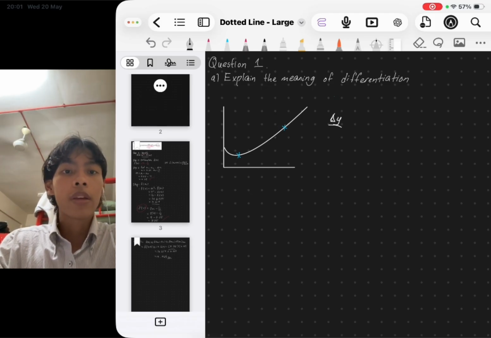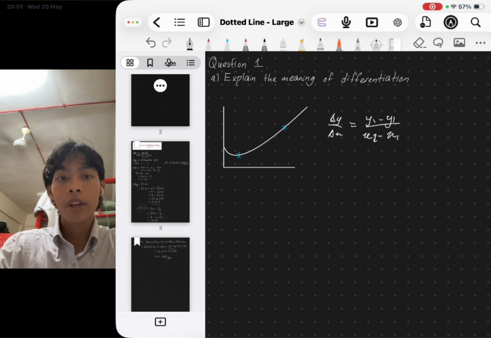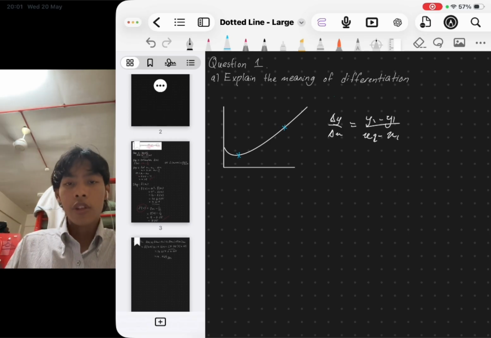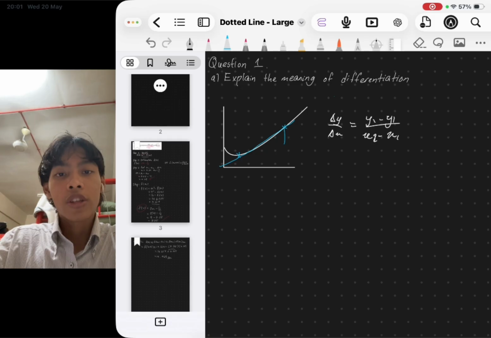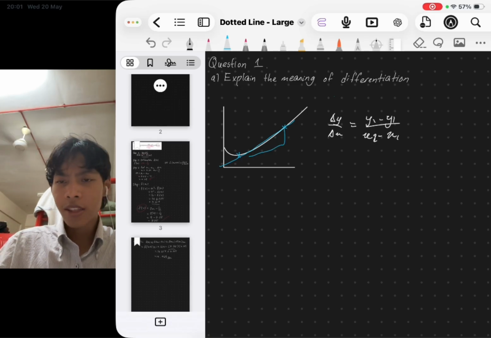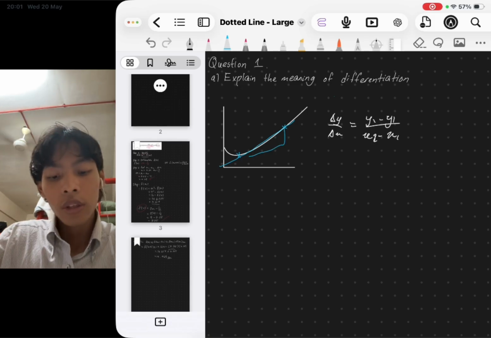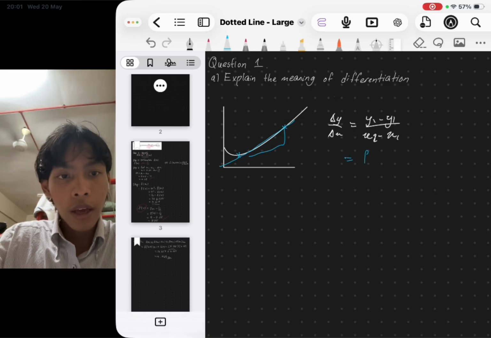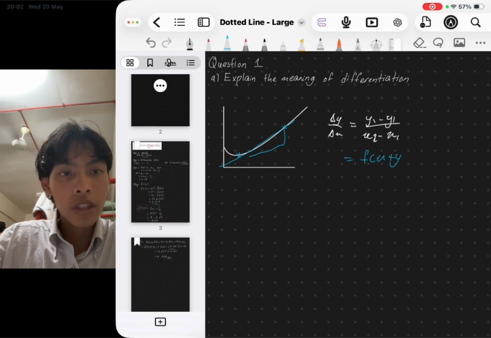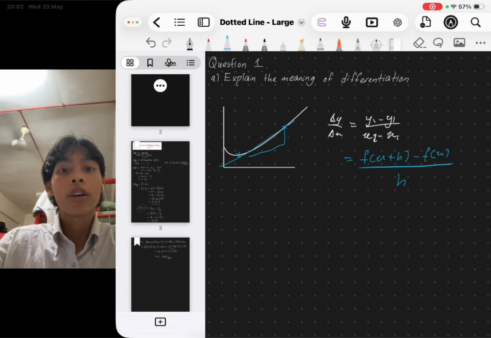It is the change of y over the change of x: y2 minus y1 divided by x2 minus x1. So this is the gradient formula. But since we need to find the change here, we'll slightly adjust the formula to this one, which is f(x plus h) minus f(x) divided by h.